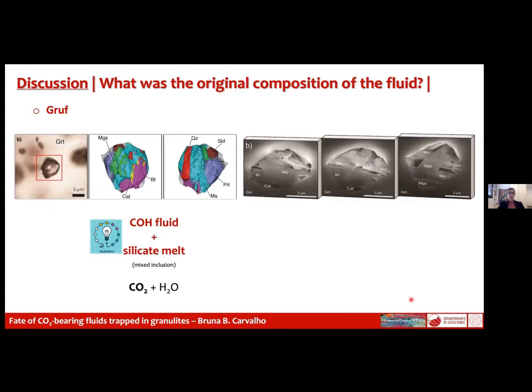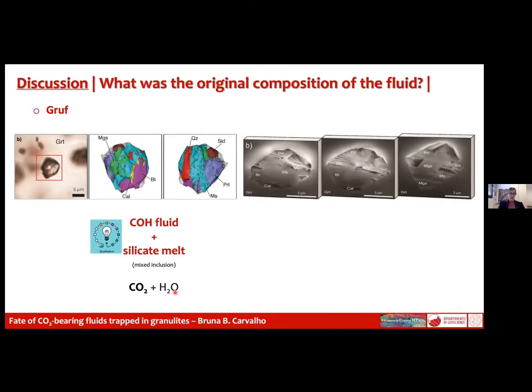The case of Gruf is a bit more complex because we have not only the fluid, but also the potassium-bearing phases. So we interpreted that the fluid was a CO2-H2O fluid, but it was kind of a mixed inclusion together with the silicate melt. So it was an intermediate member between the fluid and the melt.